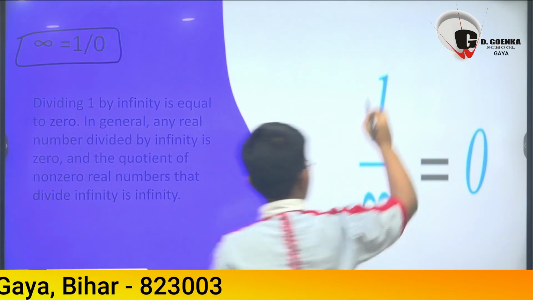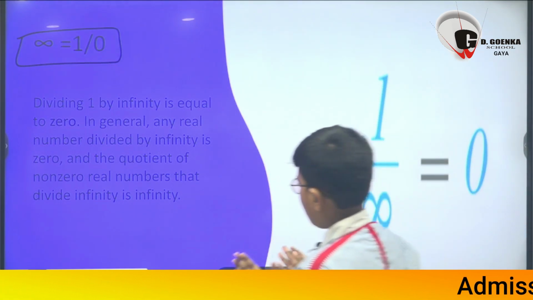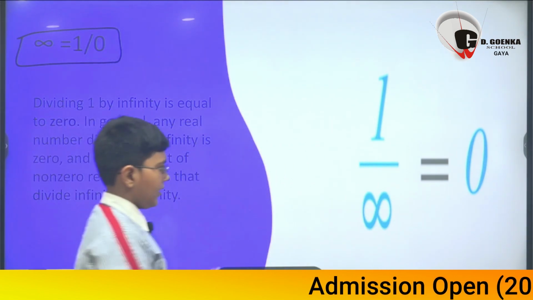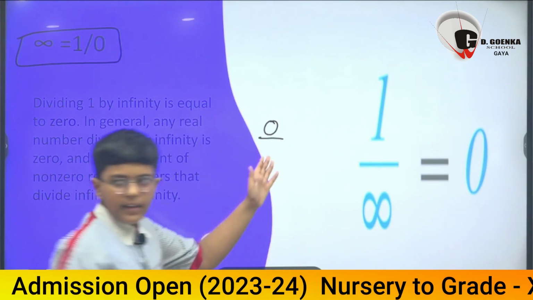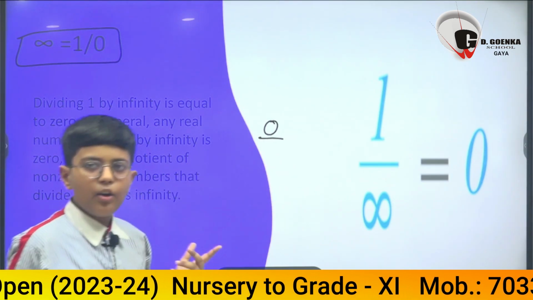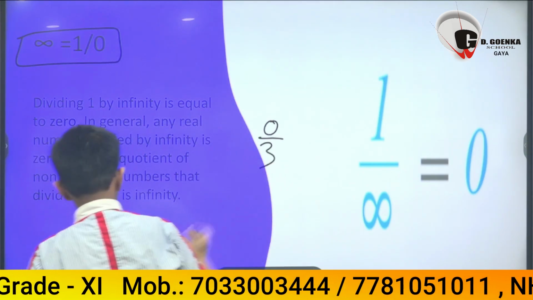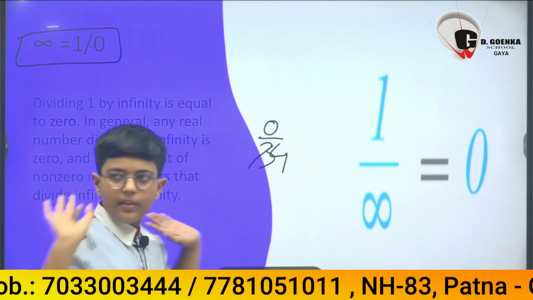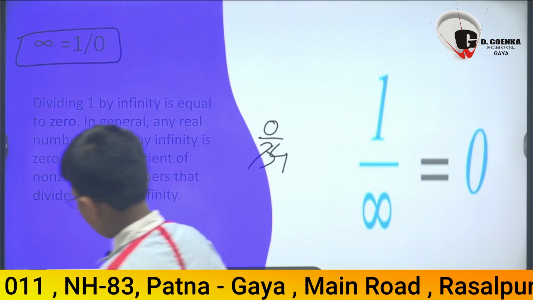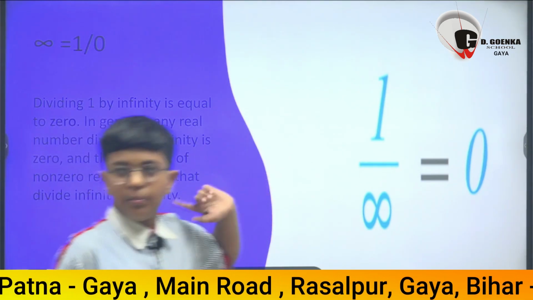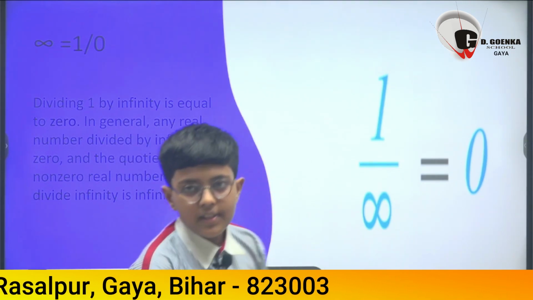This is a basic calculation. If 0 is the numerator and the denominator is any number, suppose 3 or 4, any number, then the answer would be 0, because the numerator is 0.